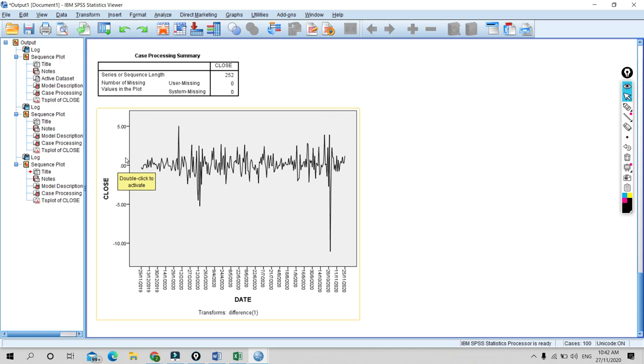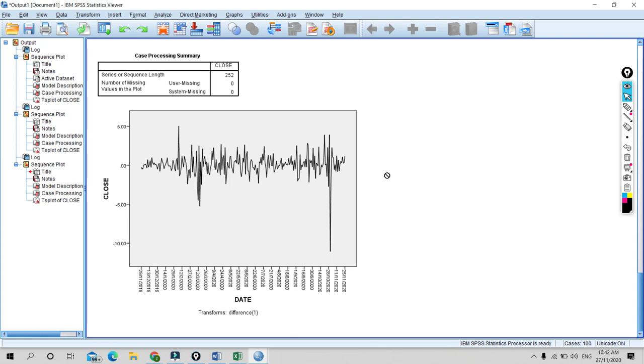Then you go to Options and pick the maximum number of lags. Normally we do not go for so many lags. By default it is 16, so I just put 16 lags. Then I click Continue, and then OK.